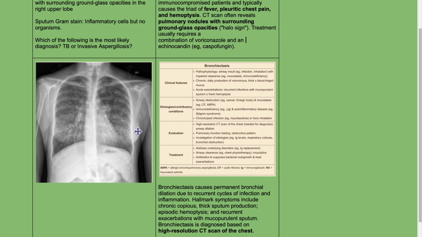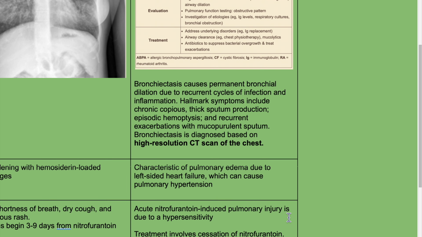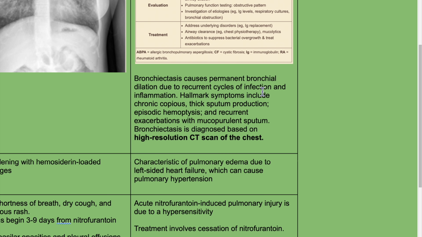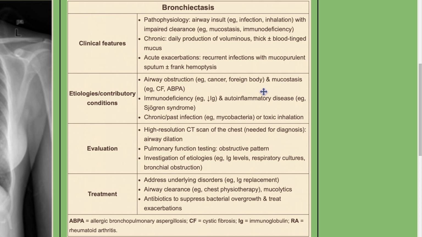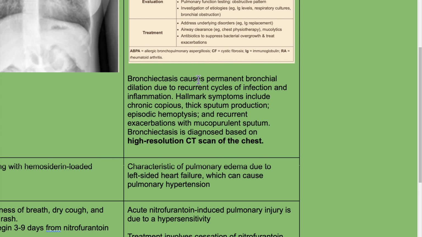Okay, so what is this? This is bronchiectasis. We already know what that is, so I'm not going to go through that. You can pause and read that if you want to. Bronchiectasis causes permanent bronchial dilation due to recurrent cycles of infection and inflammation.